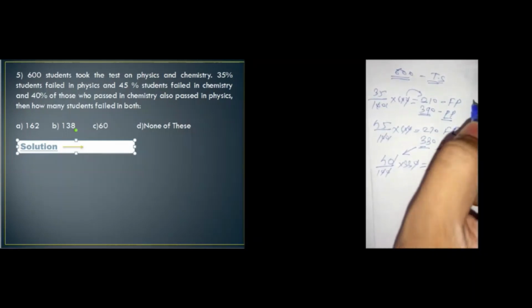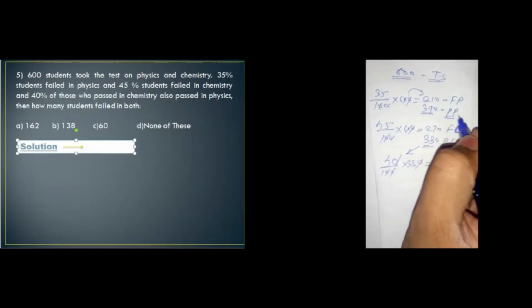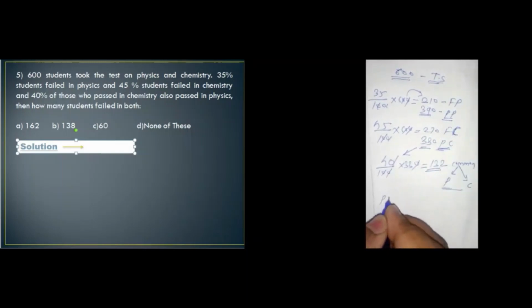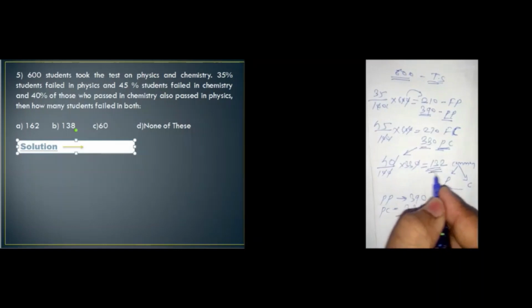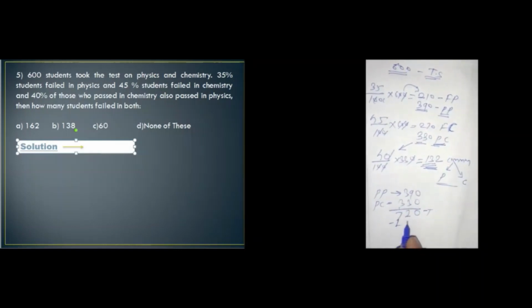So if we consider the total pass count, passed in physics are 390, passed in chemistry are 330. So it is going to be 720. This is the total, but out of that 132 are common, so we will subtract these 132 students from it.